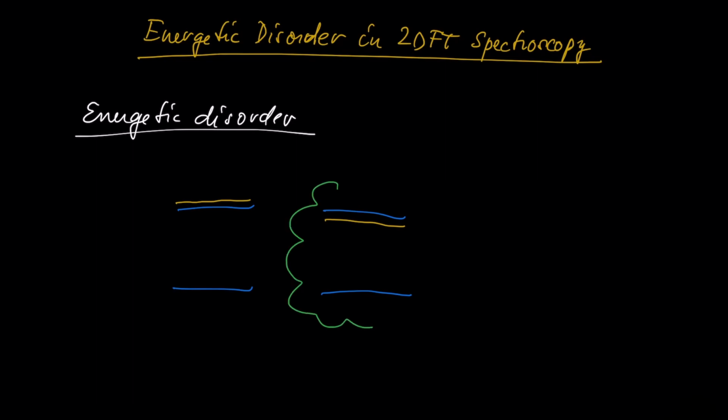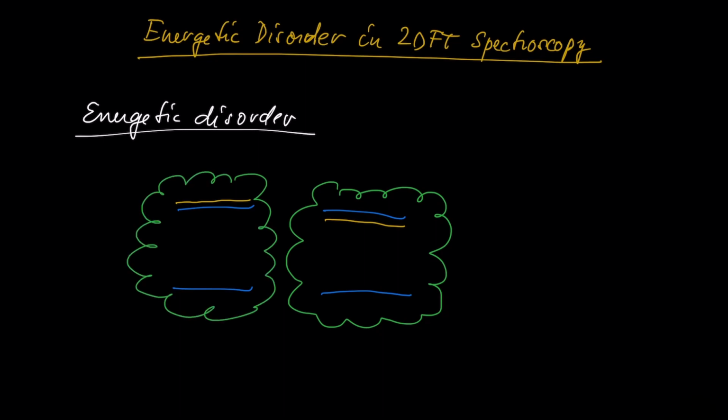So each molecule has an environment which is, for instance, polarized in different ways, contains different molecules or different arrangement of molecules. And the ideal position of the transitions on the molecule gets shifted, sometimes up, sometimes down, but basically each molecule that we work with has a potentially different transition frequency or transition energy.